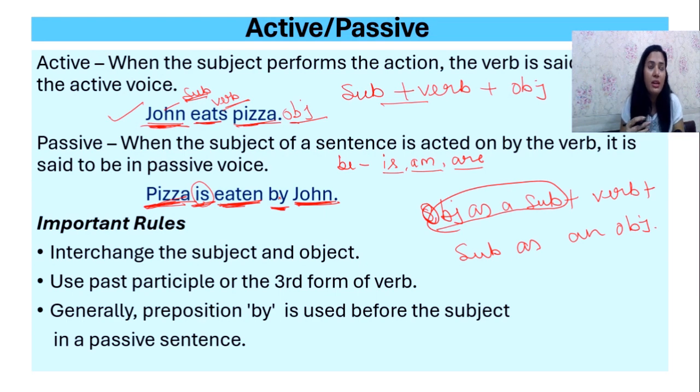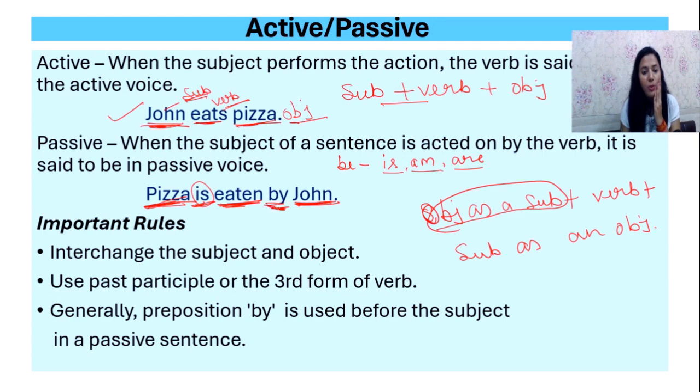We can use here with, on, in. Okay, there are some specific verbs with which we use a different preposition. We will discuss it later, but generally in a passive sentence we use the preposition by.